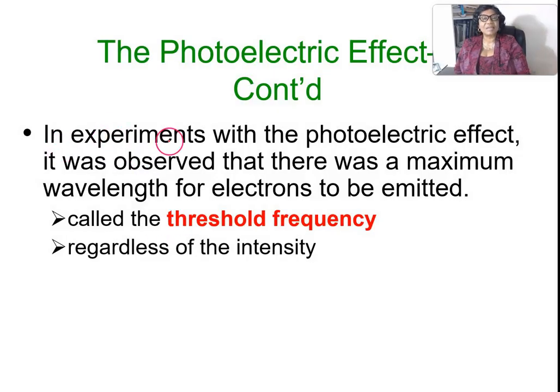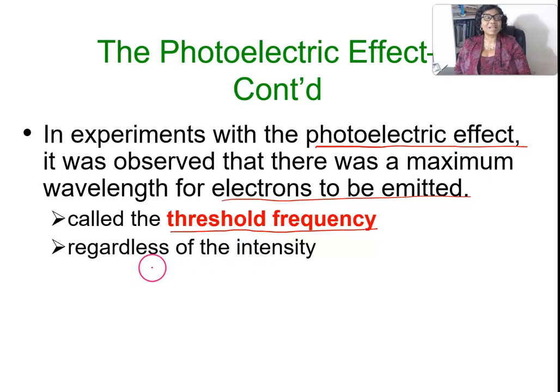So in experiments with the photoelectric effect, it was observed that there was a maximum wavelength for electrons to be emitted. And this maximum wavelength corresponds to the threshold frequency, regardless of the intensity. So if the light does not meet this threshold frequency, electrons will not be emitted.